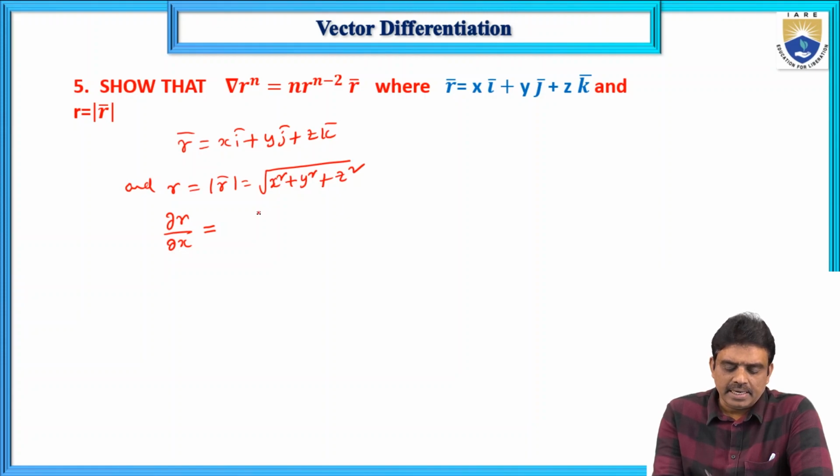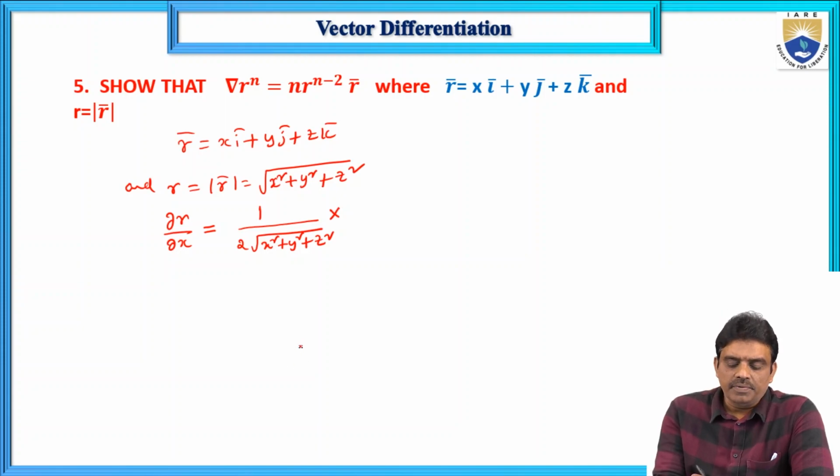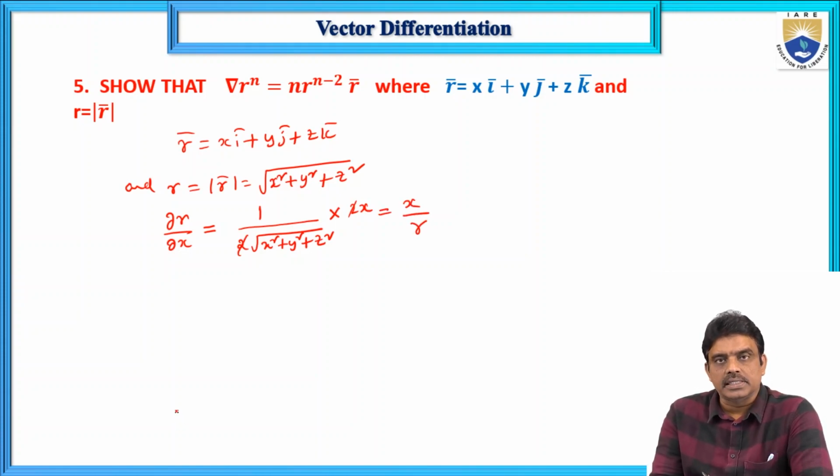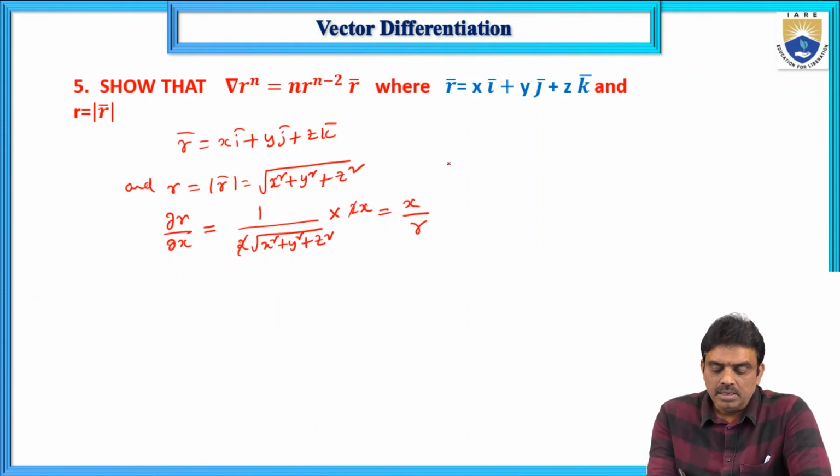So I am differentiating 1 by 2 root of x square plus y square plus z square into, on differentiating the inner term, x square derivative 2x, y square derivative 0, z square derivative 0. So 2 will get cancelled and this is equal to x by r. Dou r by dou x is equal to x by r.